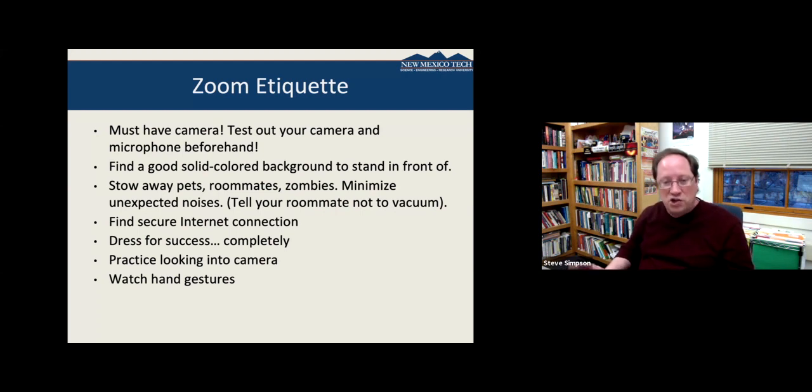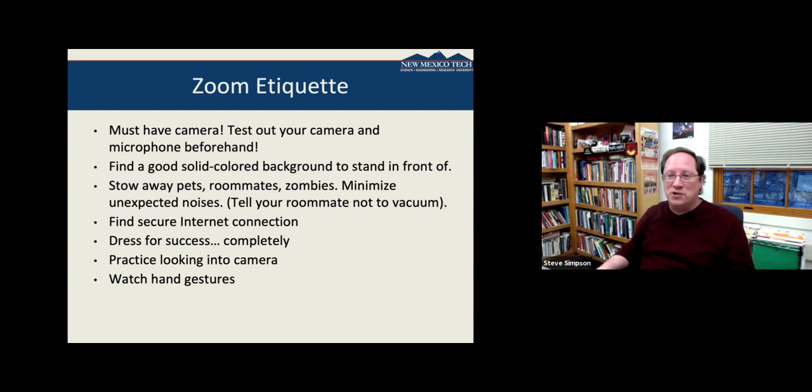So make sure people know not to vacuum. Find a secure internet connection. Some of you know already that your connection at home is bad. If that's the case, we could probably help you find places on campus that might have a more stable connection.